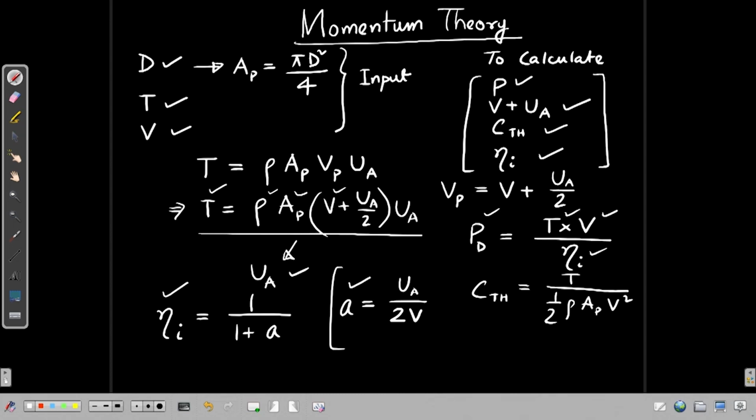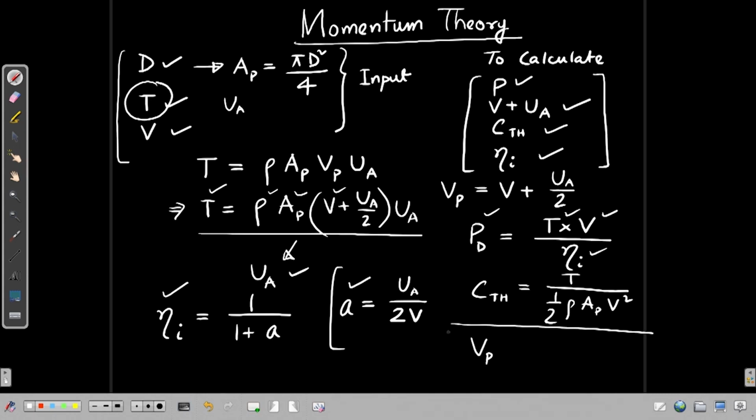Now, the same problem can be given in a slightly different way, where instead of this thrust value, any of the velocity components can be given. For example, either UA or the total velocity far astern may be given. So, we can use the same set of parameters to calculate the value of Vp, right.